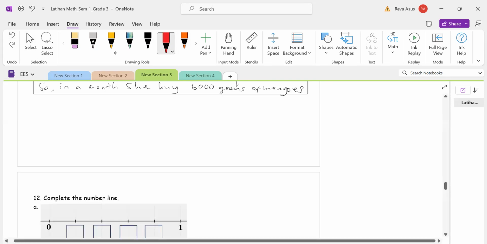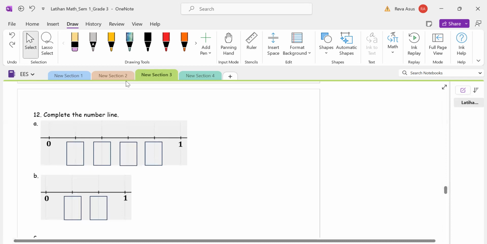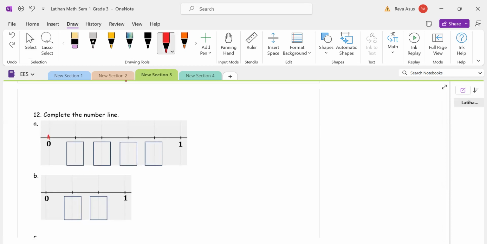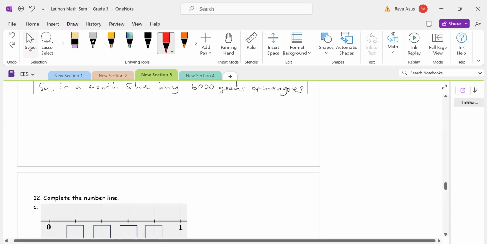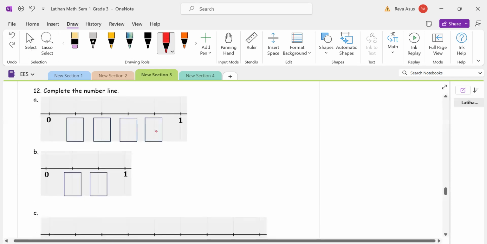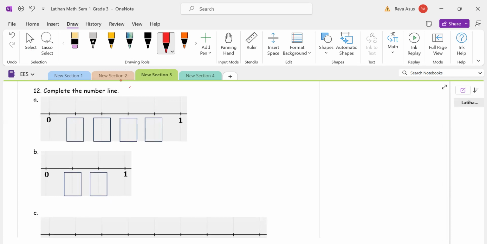Let's take a look along the horizontal line, from 0 to 1. 1 part, 2 parts, 3 parts, 4 parts, 5 parts. So it is divided into 5 equal parts. So the total parts is 5. So we need to write out of 5 here. Out of 5, out of 5, out of 5.